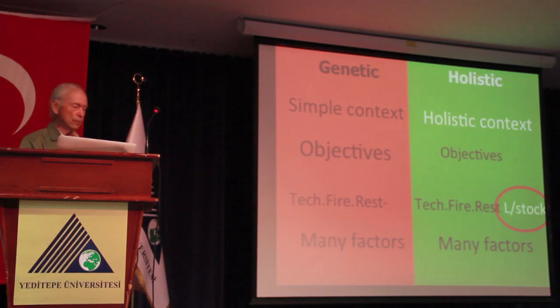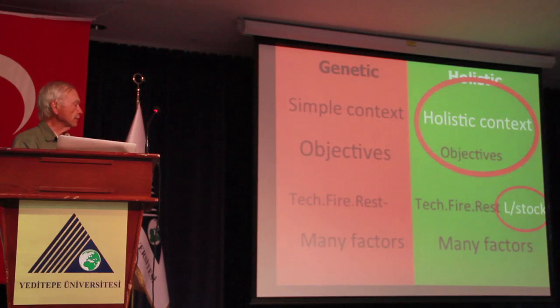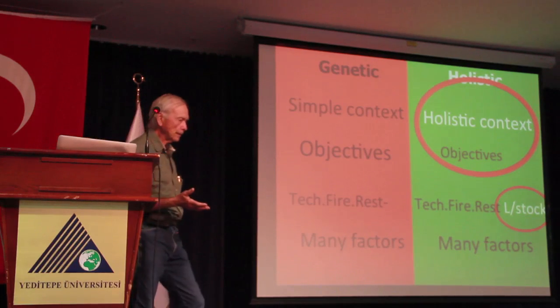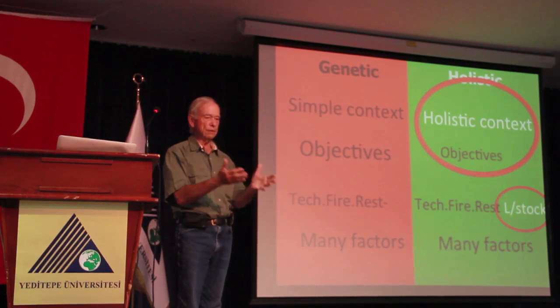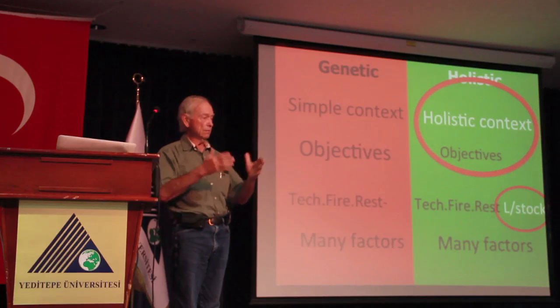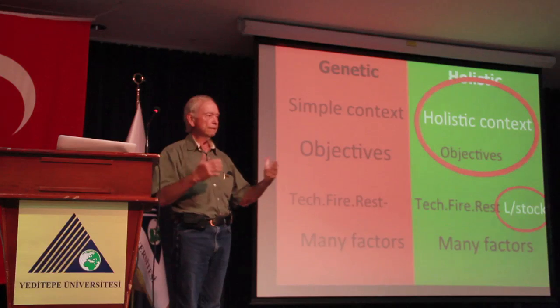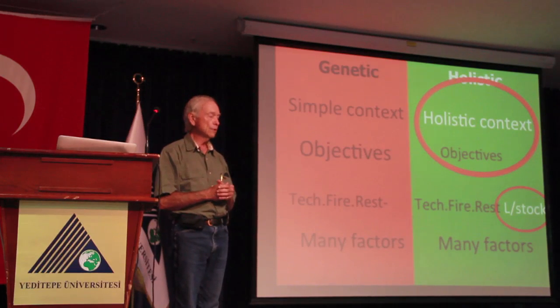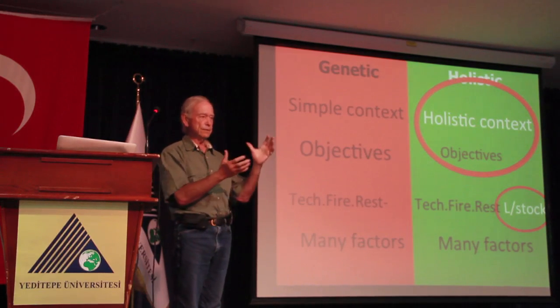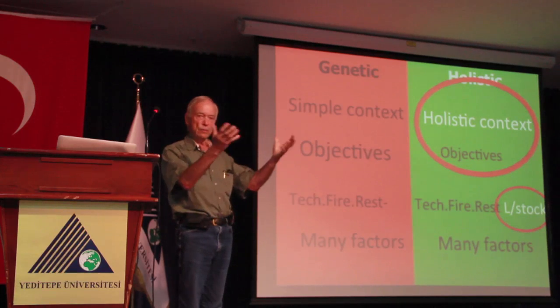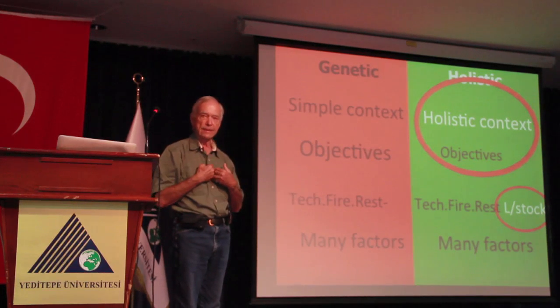Now, the other thing we need to do is to have a holistic context for our objectives. And that is a simple thing that people do in the family, on the farm, in the community, at a government level, national level. We do it at any of these levels, train people how to do it, and it simply is defining how we want our lives to be.